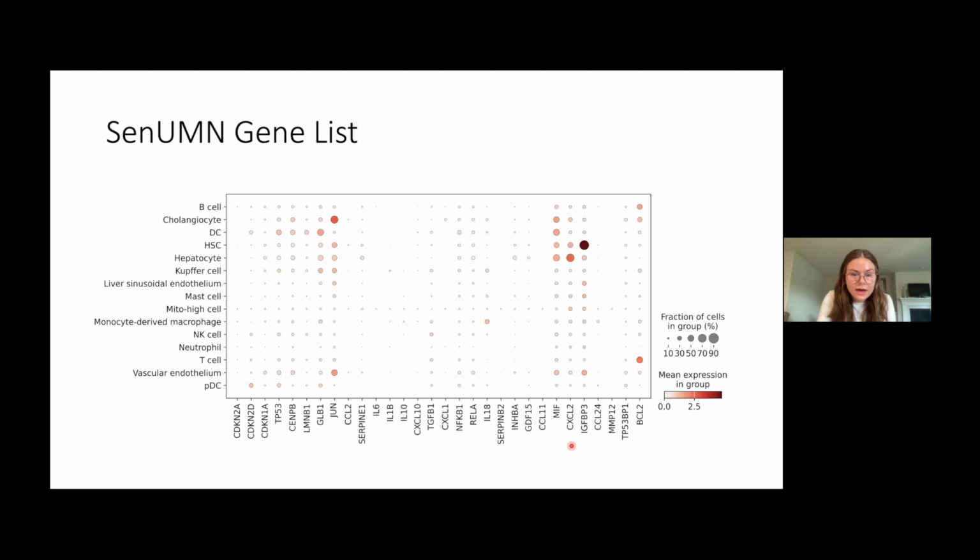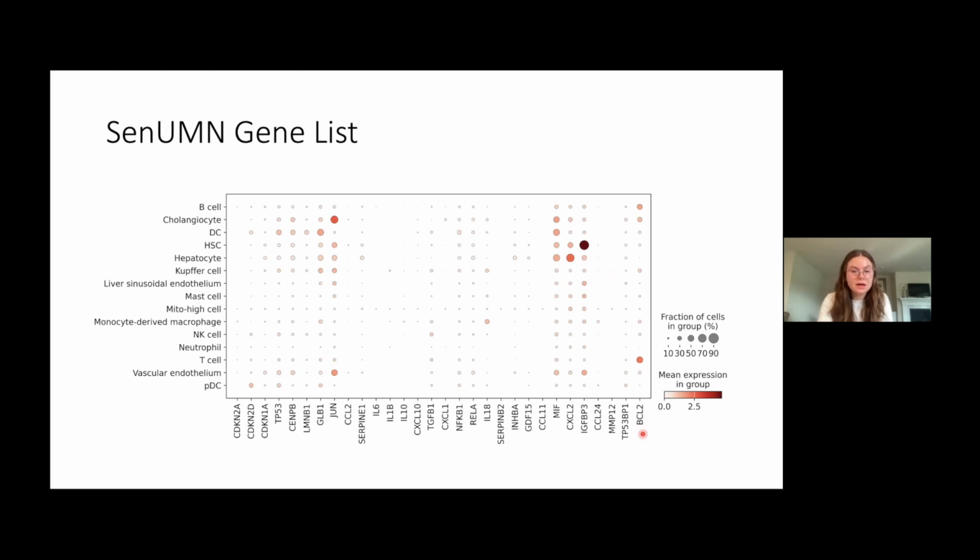Further down, we have CXCL2 and IGFBP3, and these are components of the SASP factors and components that regulate cell growth and apoptosis. Finally, we have BCL2, which is an anti-apoptotic protein, and anti-apoptotic pathways are one of the hallmarks of senescence.